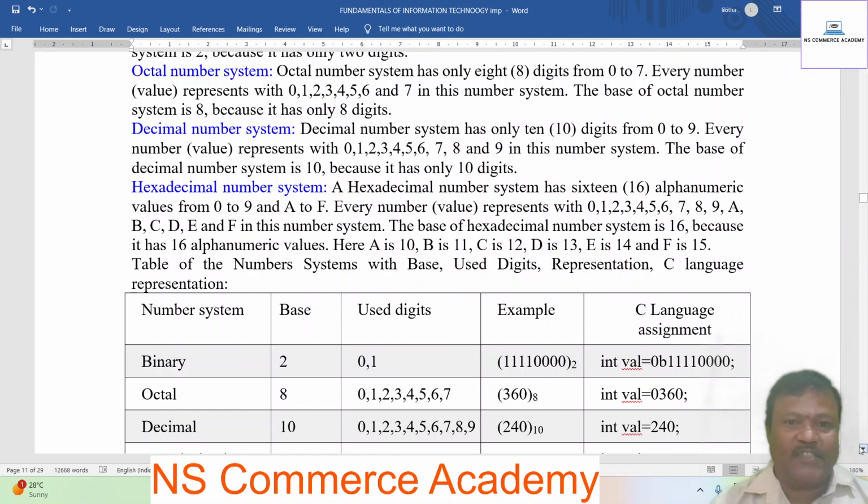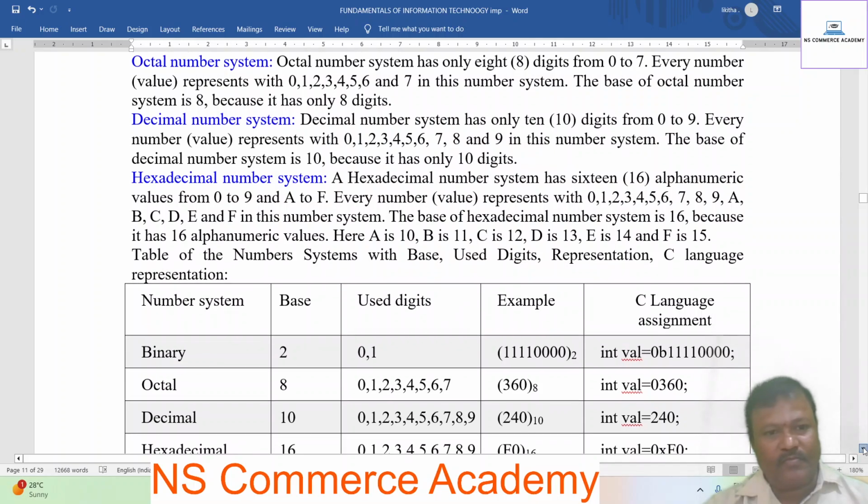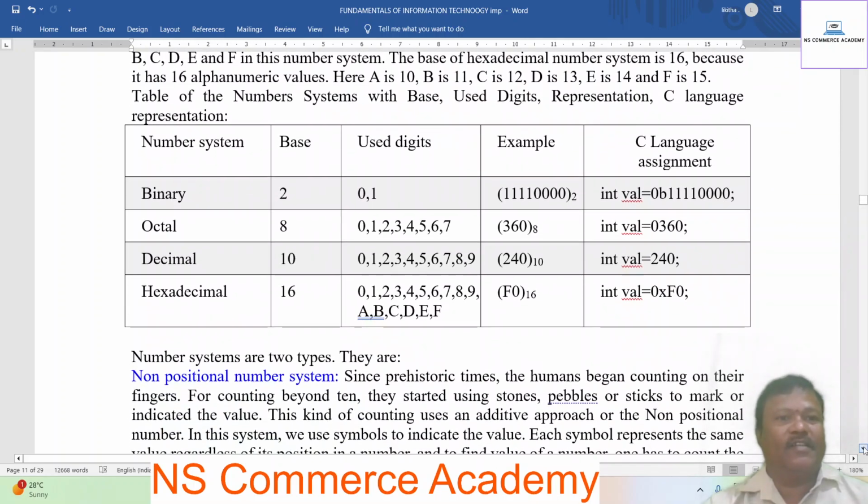Table of the number systems with base, used digits, and C language representation. So here we have the number systems: binary number system, base value 2; octal, base value 8; decimal, base value 10; hexadecimal, base value 16.